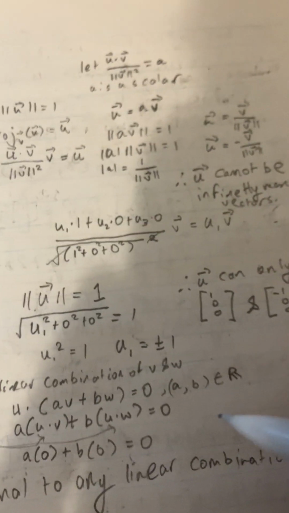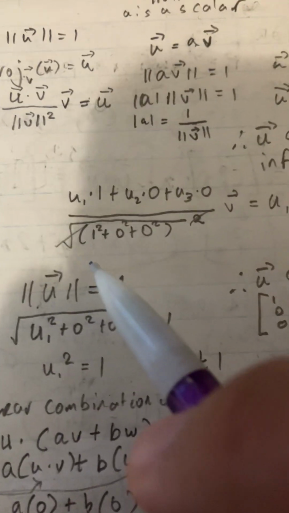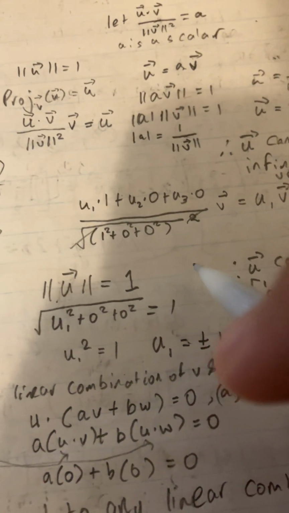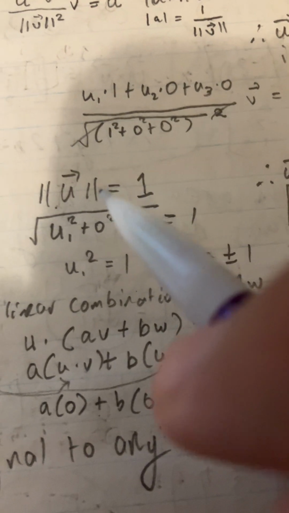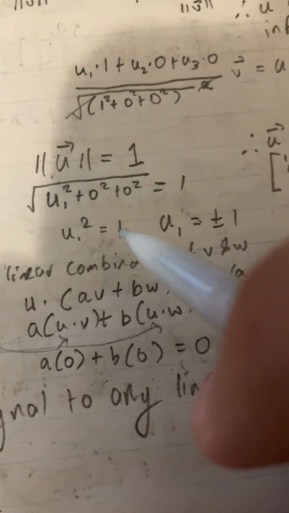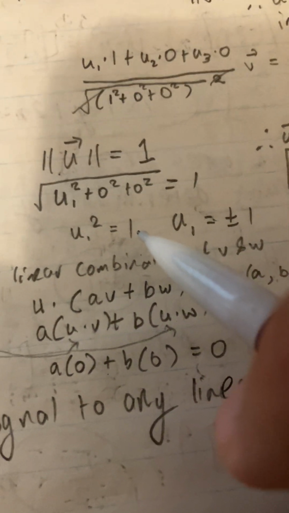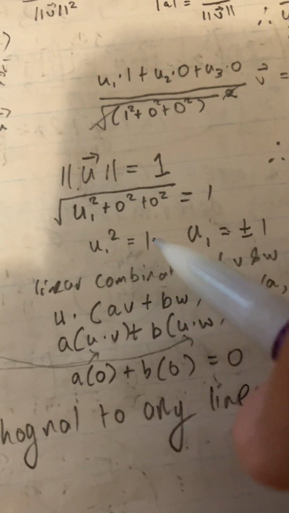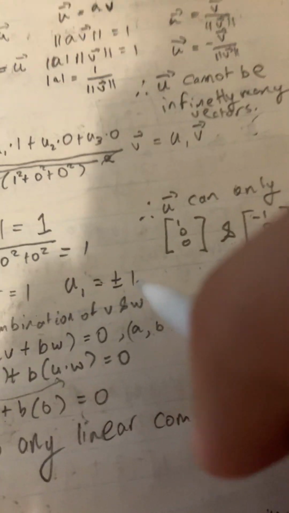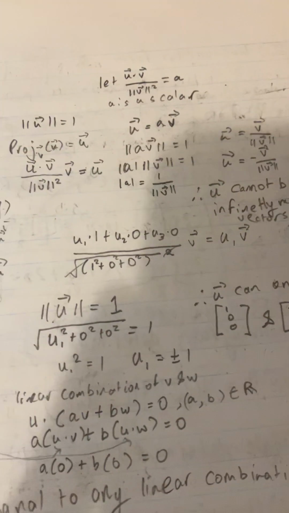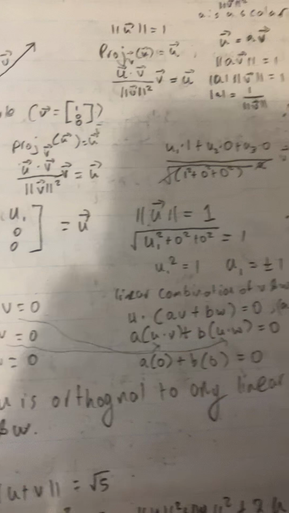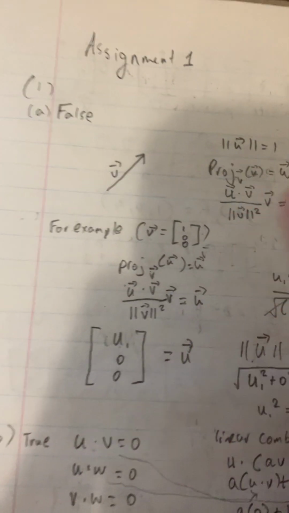Then if we take the magnitude of u, it should be equal to 1, so u1 squared plus 0 squared plus 0 squared is equal to u1 squared. u1 squared is equal to 1, so u1 can be plus or minus 1, and there are only two possible vectors, two unit vectors, not infinitely many. So this statement is false.